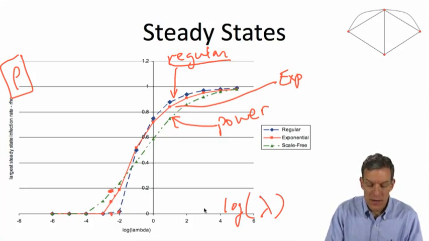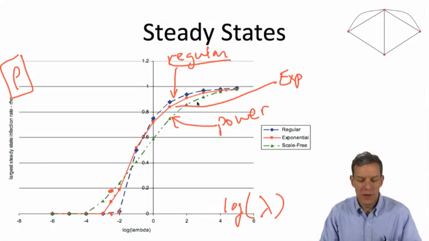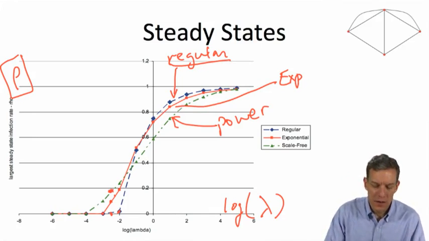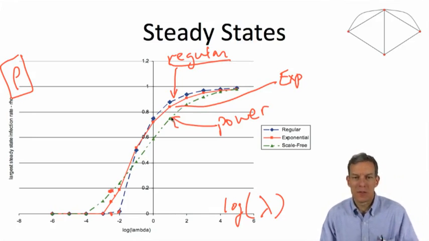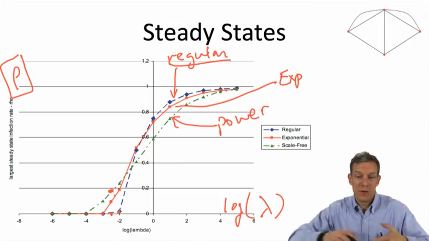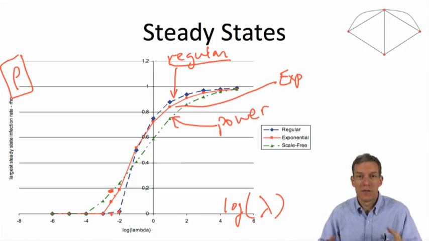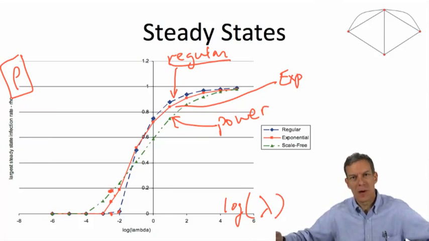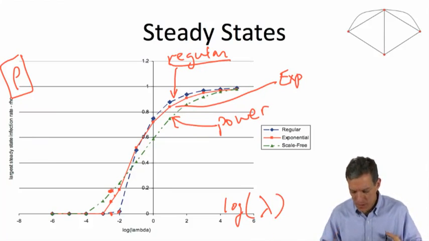But once you get to very high lambda, the picture completely flips itself, and the regular one has the highest infection rate, and the power one actually has the lowest infection rate. So these things can reverse themselves as you get to higher lambdas, and that's because rho is something where you're weighting things by their frequency in the population, not by the meeting rates.